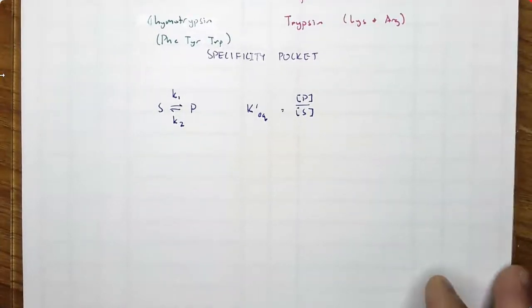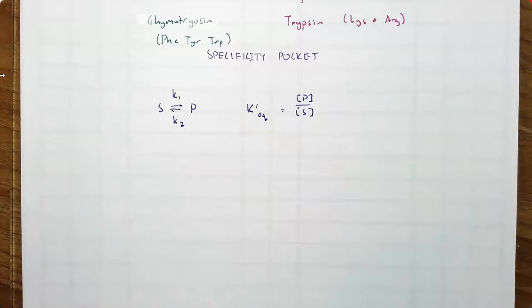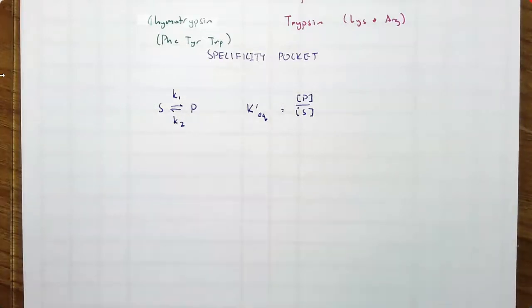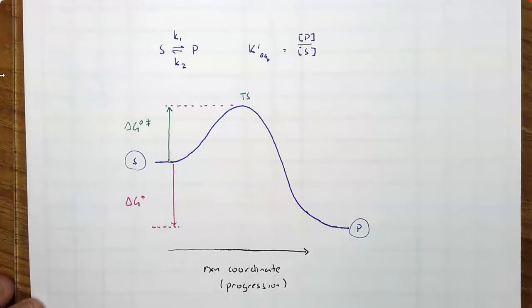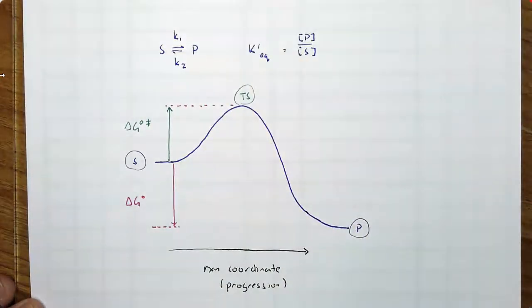Next I'm going to draw a reaction coordinate for the uncatalyzed reaction of the substrate turning into the product. So here we have substrate going to product, going through what's called the transition state. It's a short-lived species.